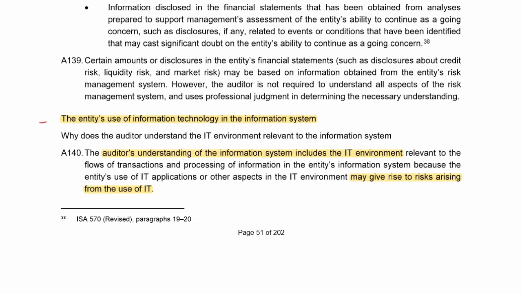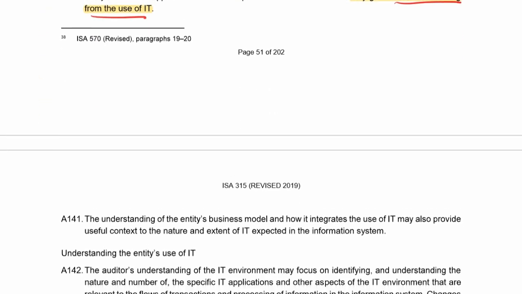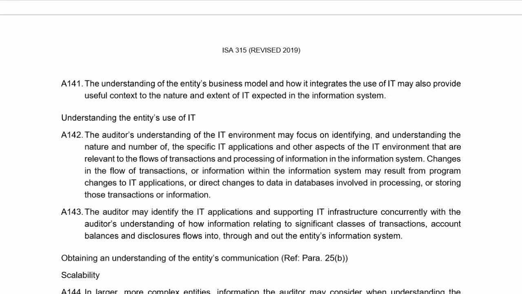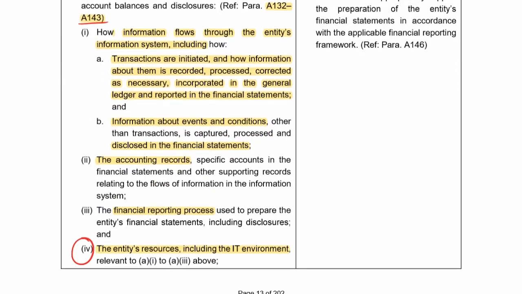A140 is a specific heading saying the entity's use of information technology and the information system. The auditor must understand how they have decided to include an IT environment because it could give risks arising from the use of IT. This system could be programmed incorrectly. And if the system is programmed incorrectly, it means that your transactions and amendments to master files will be recorded incorrectly.